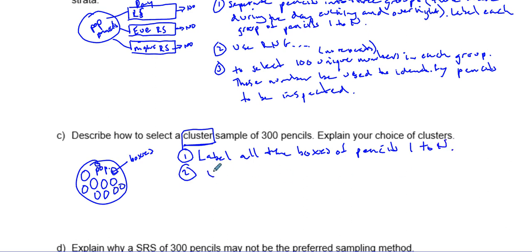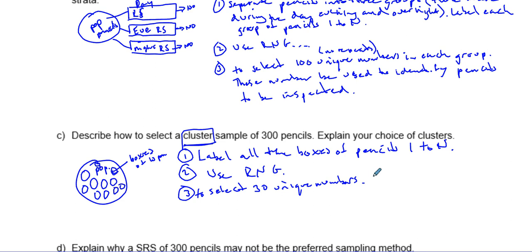Now from here, we're going to use, once again, a random number generator. And then from there, we will select, well, we need 300 pencils and we have 10 in each box, boxes of 10 pencils, and so we're going to select 30 unique numbers.